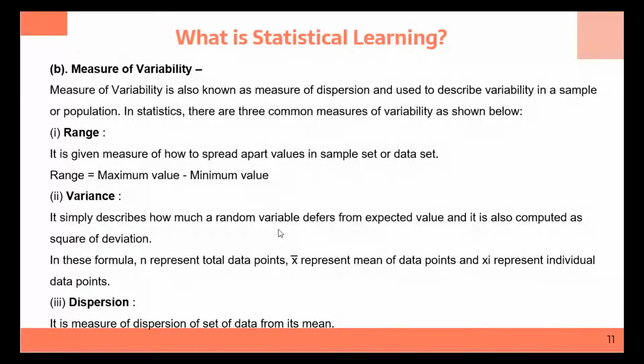That's what the difference is trying to tell. Which property will tell that? Variance will tell that. Alright? Okay, let's see that. It simply describes how much a random variable differs from expected value. And it is also computed as square of a deviation.